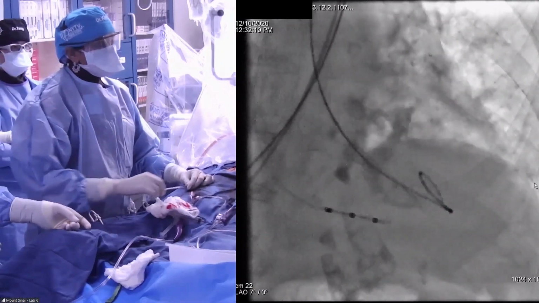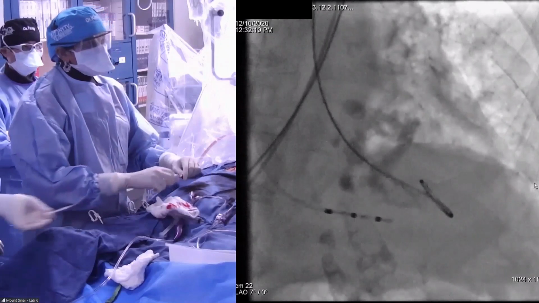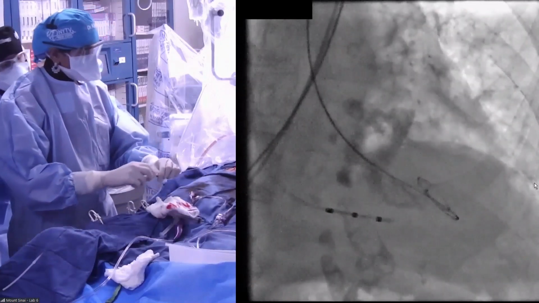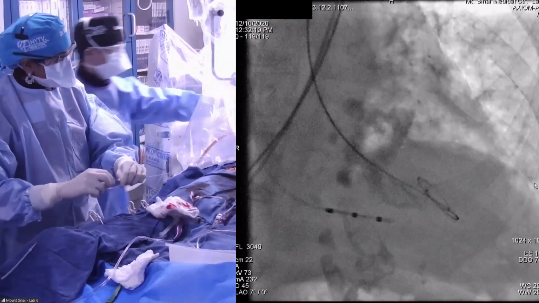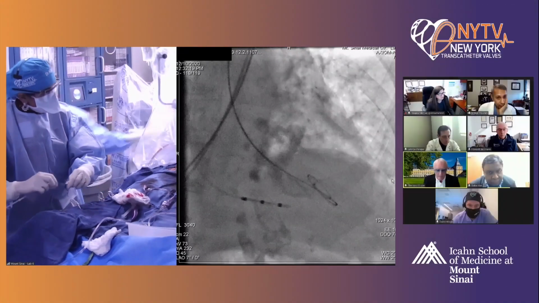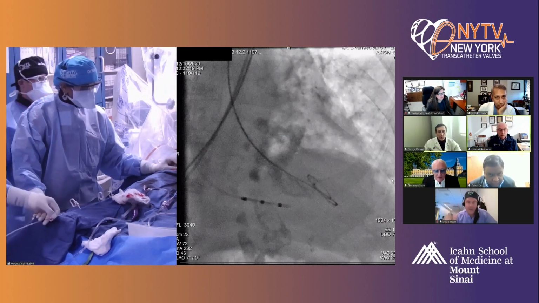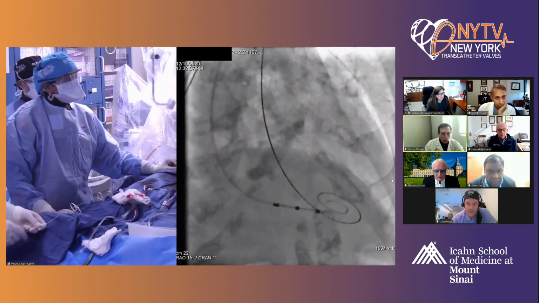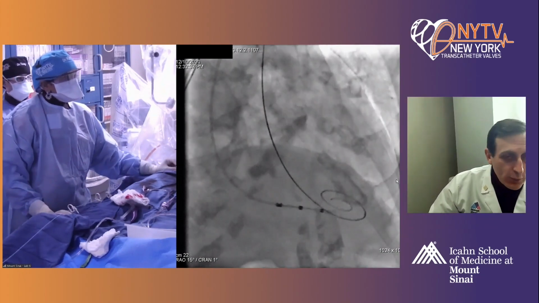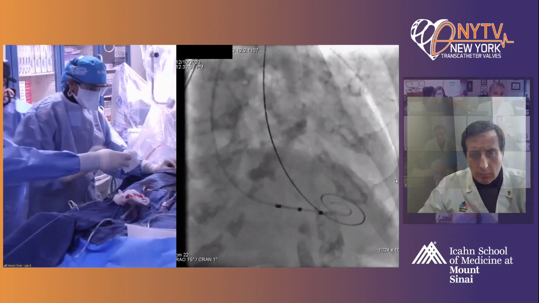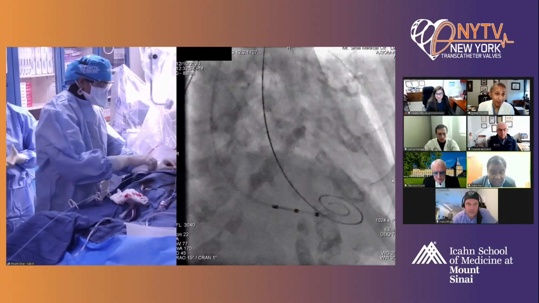The other thing that I've changed is that I'm not using Safari or Confida in cases; I'm just using the double curved Lundequist through a pigtail. It's George, a double curve Lundequist through a California pigtail.